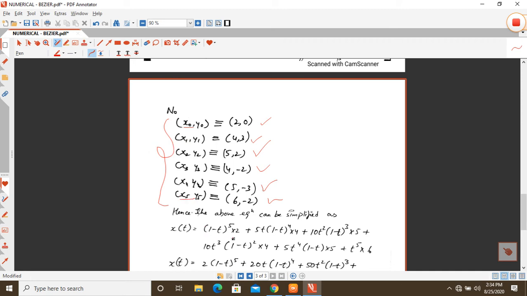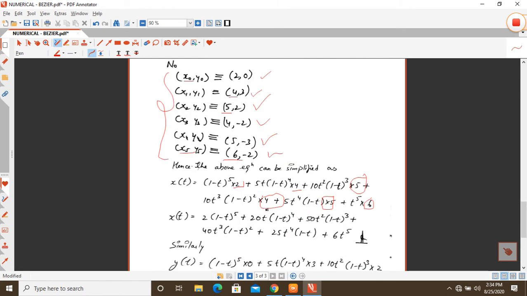In place of x0 put 2, x1 put 4, x2 is 5, x3 is 4, x4 is 5, and similarly x5 is 6.